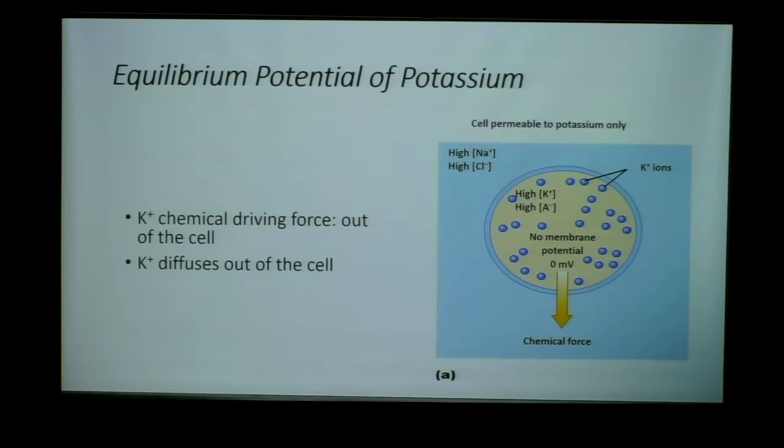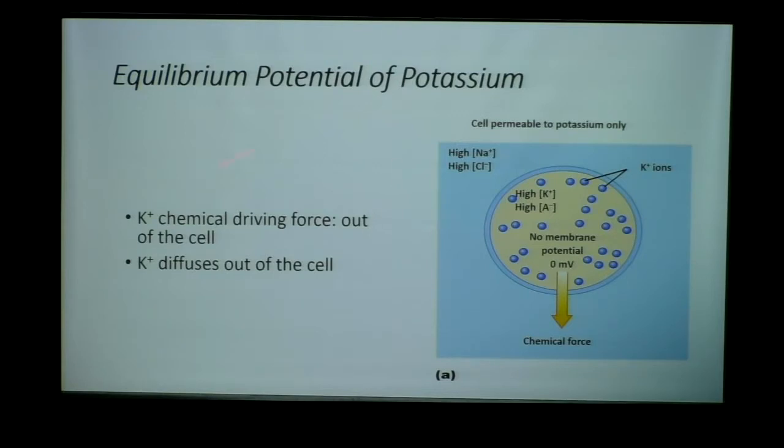So let's consider the equilibrium potential of potassium. And let's take this hypothetical cell. So the cell is only permeable to potassium, right? That's the hypothetical situation here. But it still has these relative ion concentrations on either side of the cell, right? So think about the cell that is still existing in normal physiological conditions. It is only allowing the movement of potassium, however.